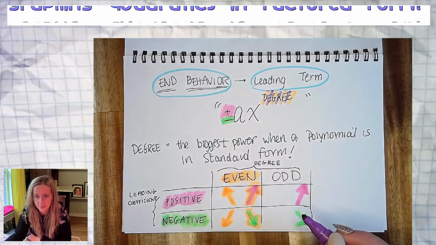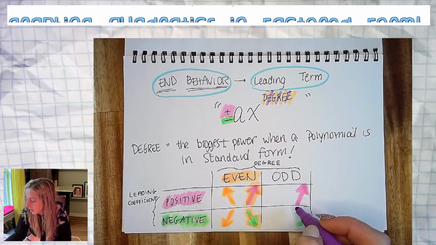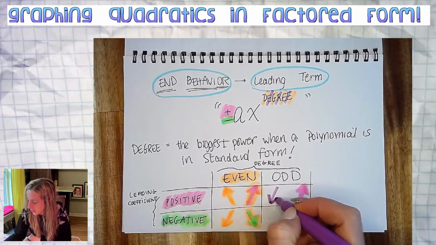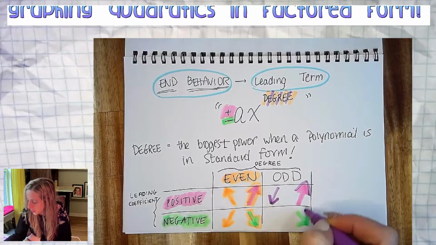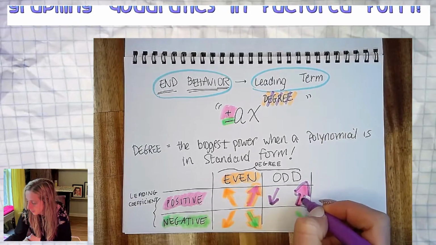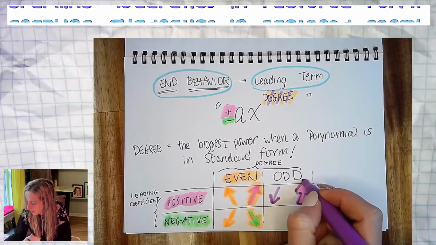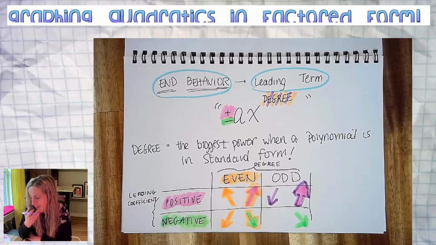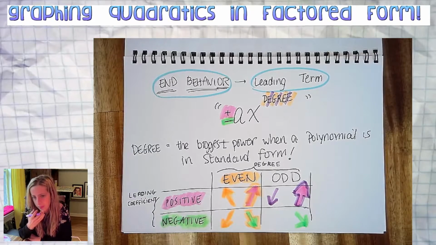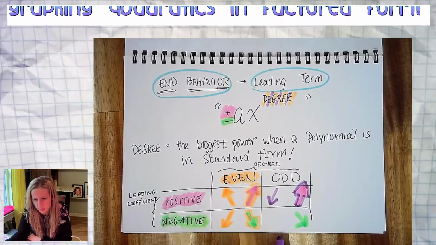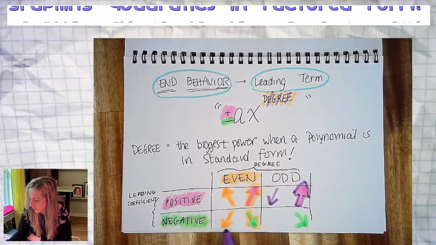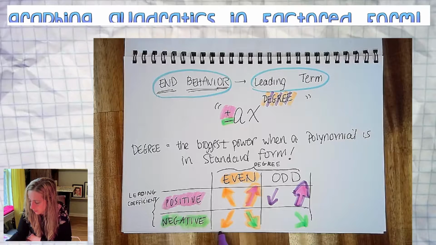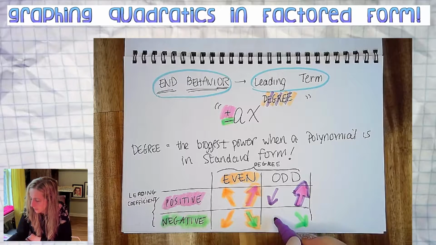The beginning is going downwards. For this one, it would be going downwards because this side's going upwards. But what about the one under it? Would that be going down as well? Well, this one's already down, down. That one would be going up, down.